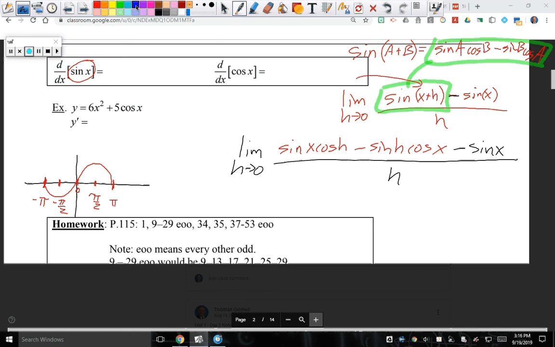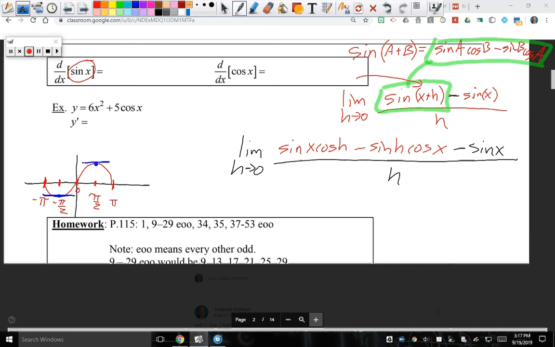Now, there are two derivatives that I can find just like that from what we learned last time in class, graphing functions' derivatives. What are the two derivatives that you know for sure? The derivative at negative pi over 2. What is it? 0. Horizontal tangent. Nice. And then the derivative at pi over 2.